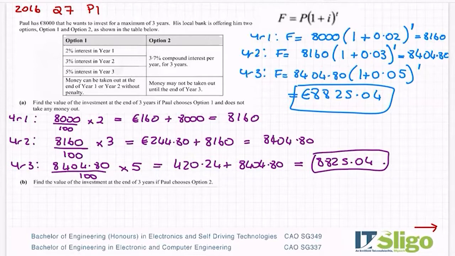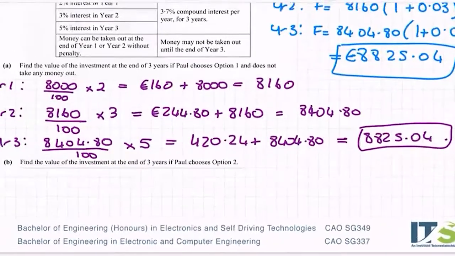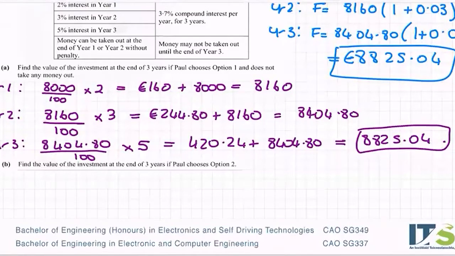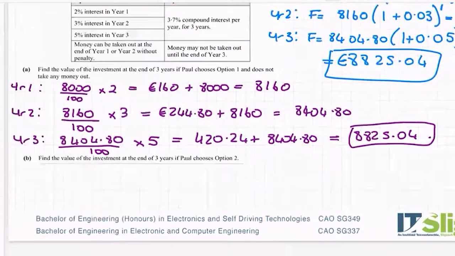Right, let's have a look at part B, because part B was also worth 10 marks. Find the value of the investment at the end of 3 years if Paul chooses option 2. Okay, and option 2 is 3.7% compound interest per year for 3 years.